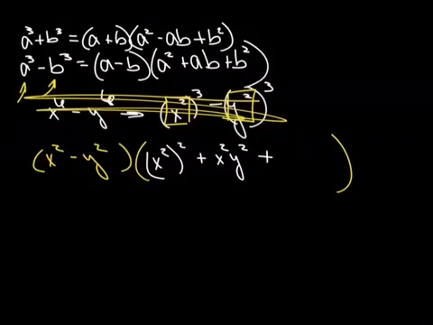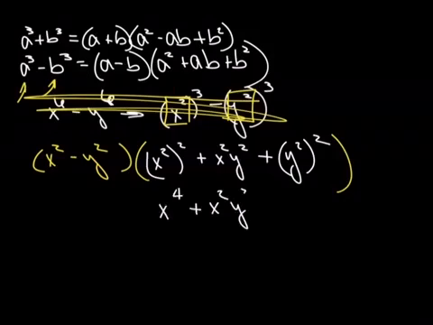Okay, plus b squared, my last term squared. That's my last term and I'm going to square it. So I've got x to the 4th plus x squared y squared plus y to the 4th, and over here I still have my x squared minus y squared.